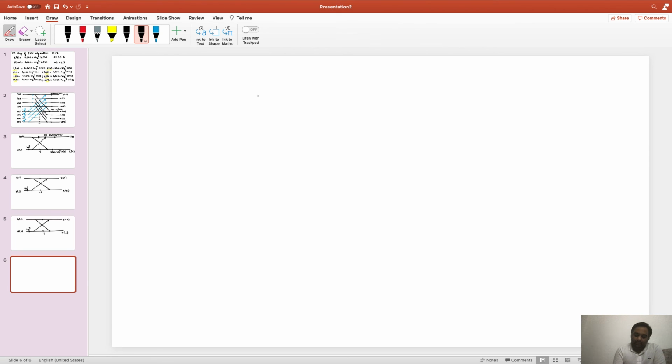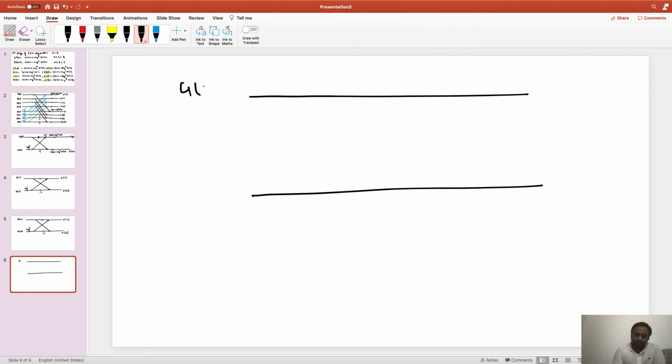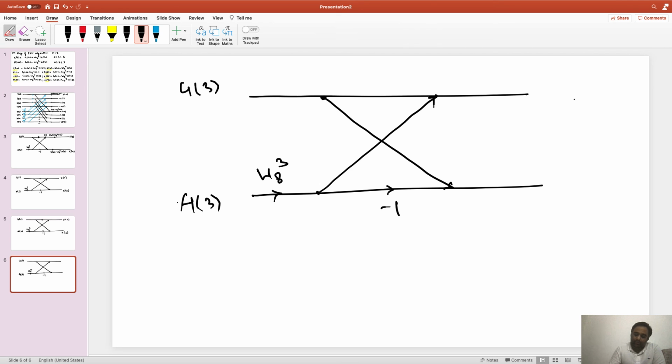And lastly, you have G3, H3, W8^3. You pick it up from here, bring it up here, you pick this up from here, you bring it down here, -1, and this becomes capital X3, and this becomes capital X7.